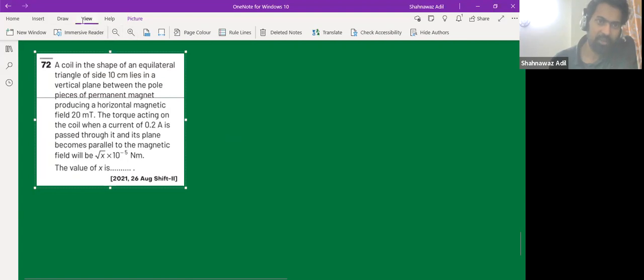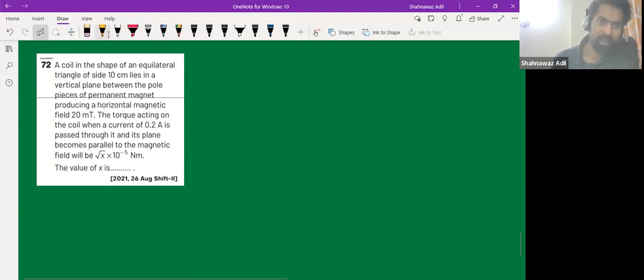So we have a coil in the shape of an equilateral triangle of side 10 centimeters.